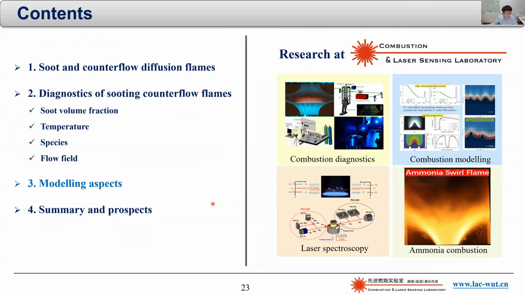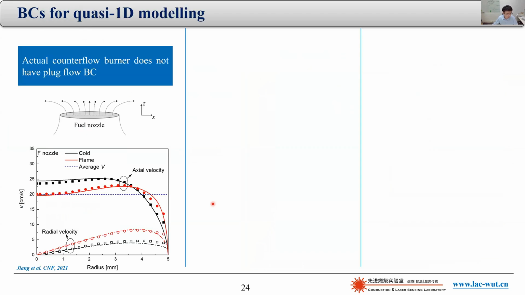Next, I will talk a little about the modeling aspects. First, in many cases, we model counterflow flames as one-dimensional. When modeling as quasi-one-dimensional, we need boundary conditions, and the velocity boundary conditions we need to feed into the model are generally the axial velocity and the radial gradient of the radial velocity at the nozzle exit.